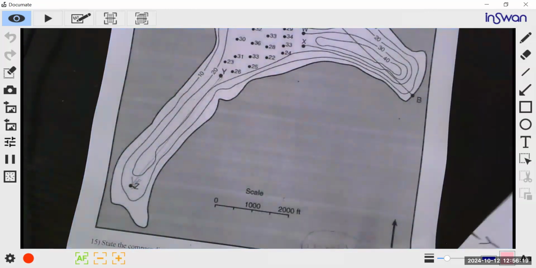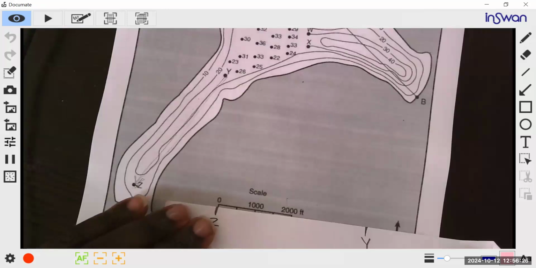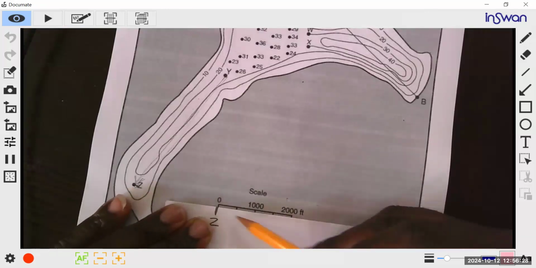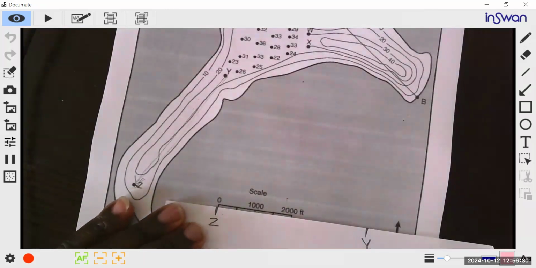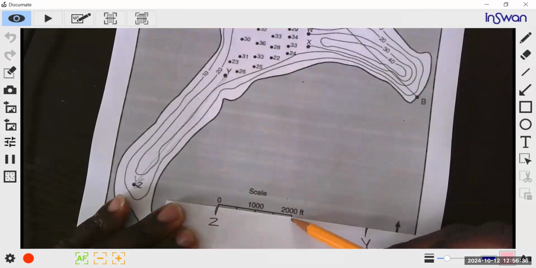And so therefore, I'm gonna match it to the scale. All right. So one of the things that you notice, my distance is bigger than the scale. So I'm gonna put the max value, 2,000, which is right here, and I'm gonna write 2,000 feet.